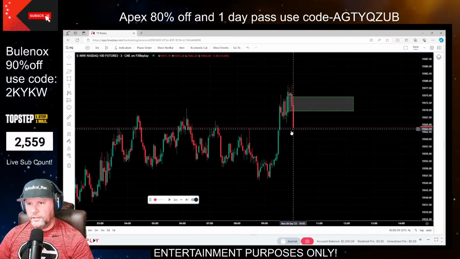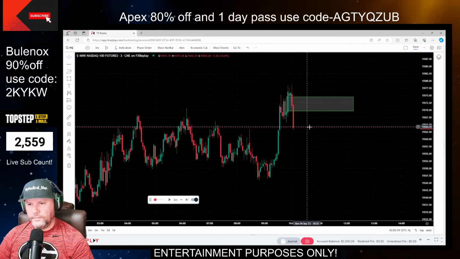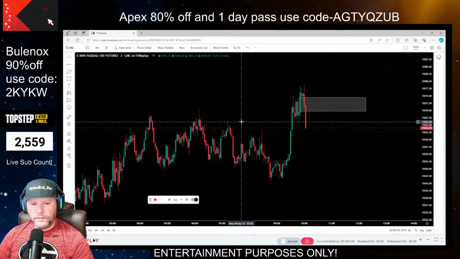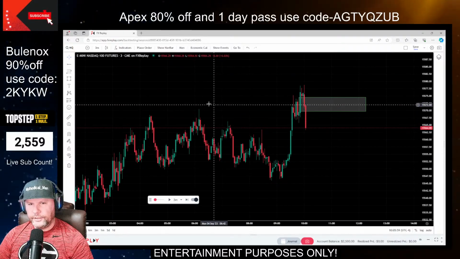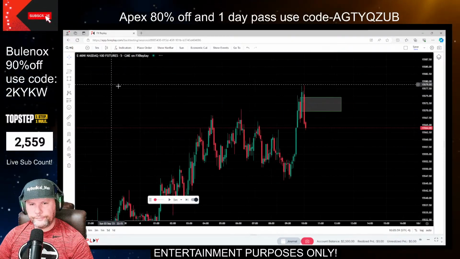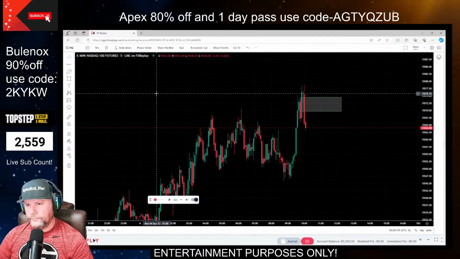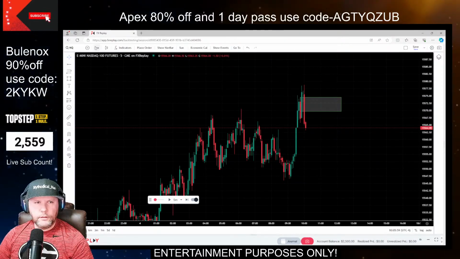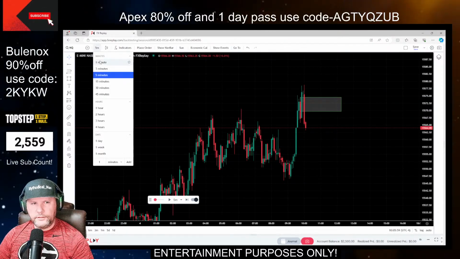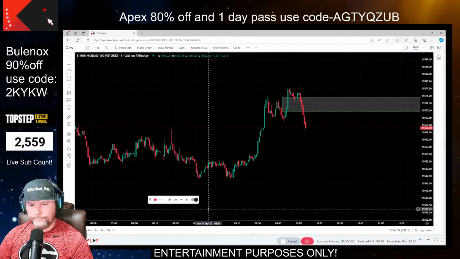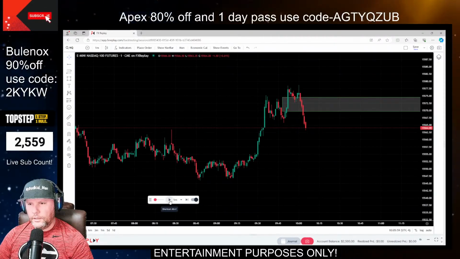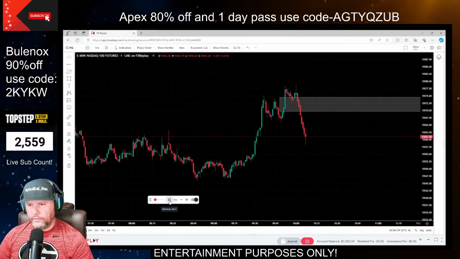I forgot to mention that if we hit the internal liquidity before the close below happens, then that makes the trade invalid. So all right, I think it continues lower, but we'll stay out just because of that.